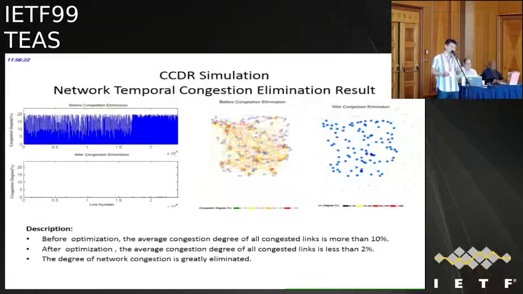And here is the simulation for scenario 4. It's a simulation for the temporal congestion elimination. The upper left picture is the background traffic situation, which I have just shown. About 20% of links are congested, and the average congestion degree is about 10%.